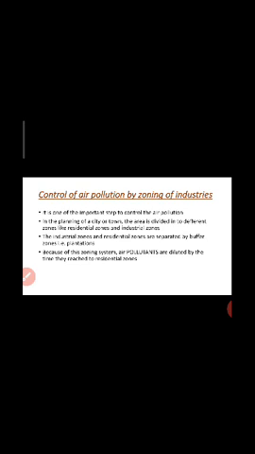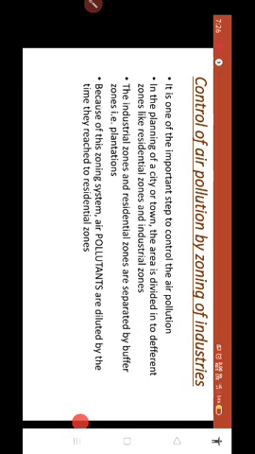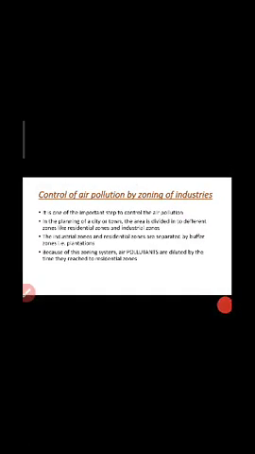Control of air pollution by zoning of industries. It is one of the important steps to control air pollution. In the planning of a city or town, the area is divided into different zones like residential zones and industrial zones.